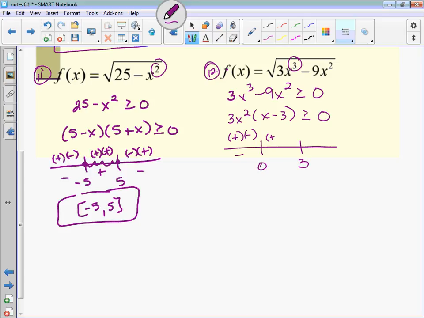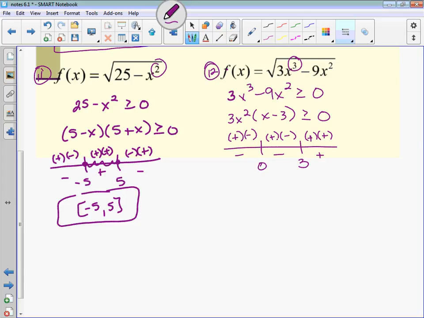Positive. What about 1 minus 3? Negative. So overall negative. It didn't alternate like all the others did. What do you want to use past 3? 4. 4 squared is positive. 4 minus 3 is positive. So overall positive. Are we okay with the number line?